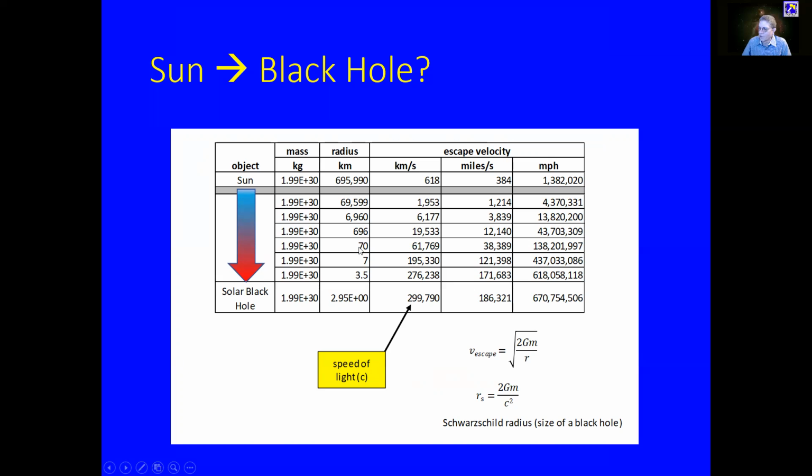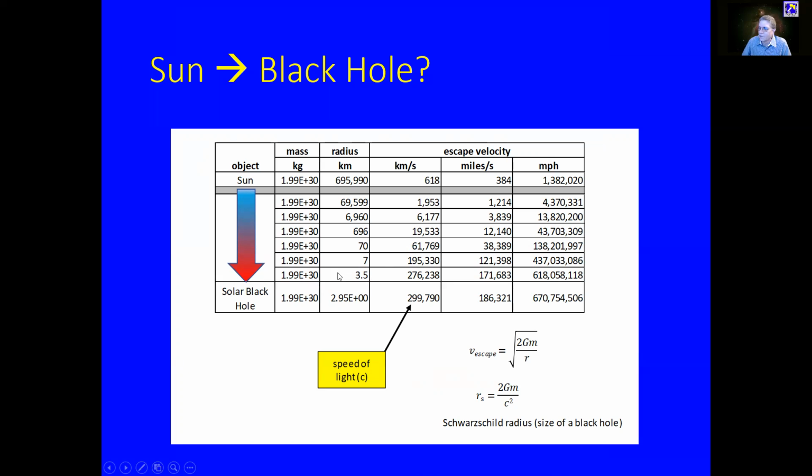Again, we can take it down another factor of 10. That increases it to almost 62,000. If we take it down another factor of 10, we've reached 195,000 kilometers per second is what the escape velocity would be from an object as massive as the sun that is only 7 kilometers in radius.